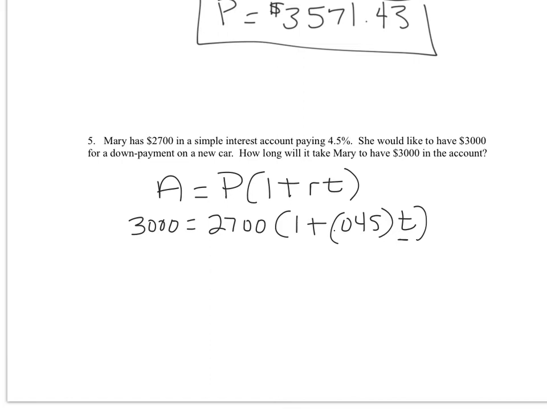Now, I do have an option as to whether I would want to multiply and distribute through the 2,700, or because these are being multiplied together, I can divide each side by 2,700, because multiplication and division count equally, so I can decide which way I want to go.